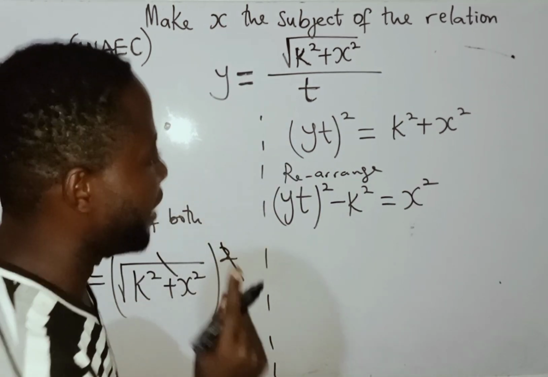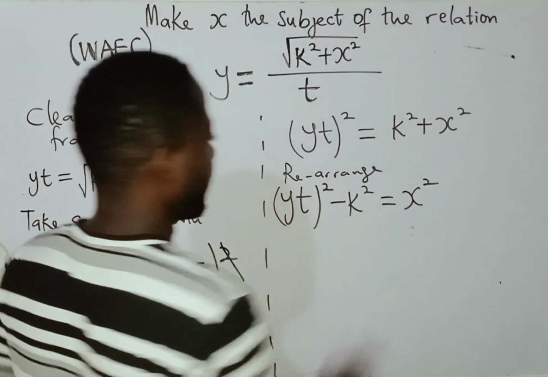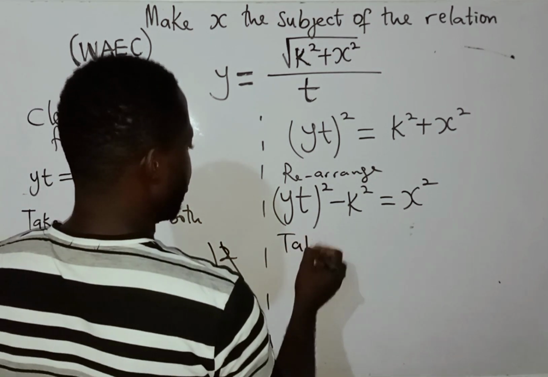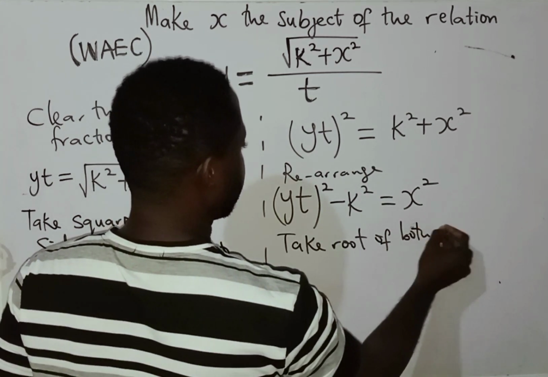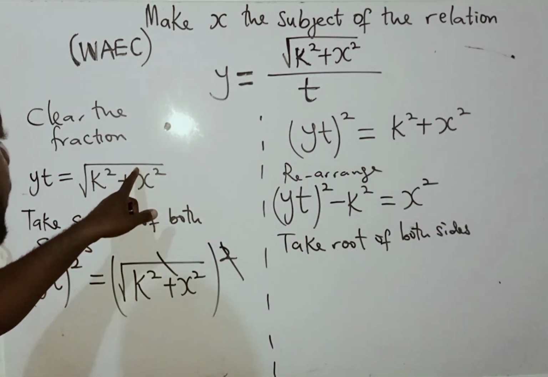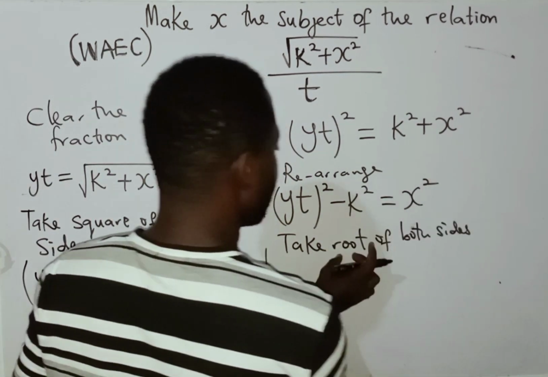So that means I still have one more thing to do, and that is to clear this square. Now, to clear the square, what you have to do is take roots of both sides. If it is square roots, to clear square roots, you take square of both sides. If it is square, you take roots of both sides.